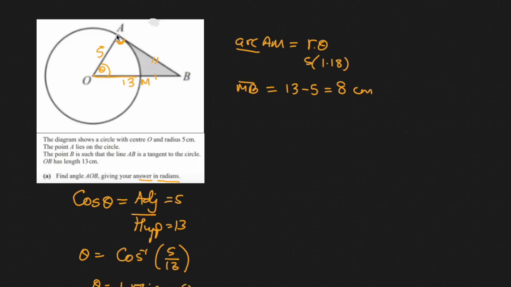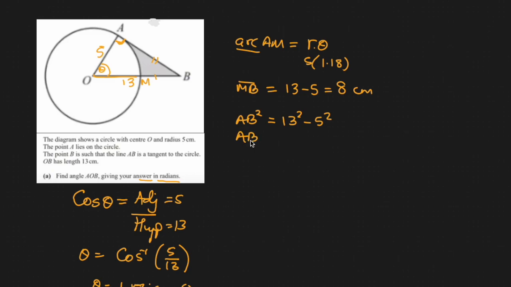Done. The third thing is this AB, and AB can be found with the help of the Pythagorean theorem. So AB square will be equal to the hypotenuse square minus, not add, because the hypotenuse is always the biggest line, so we have to subtract the other one from it.